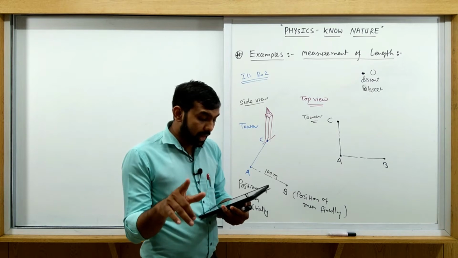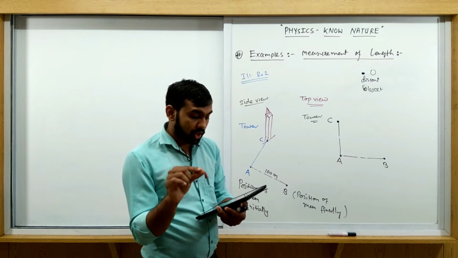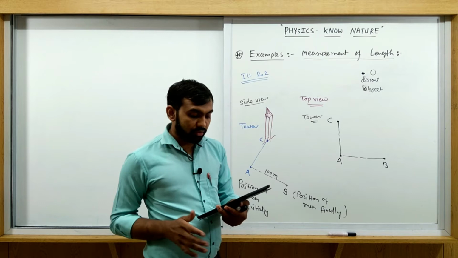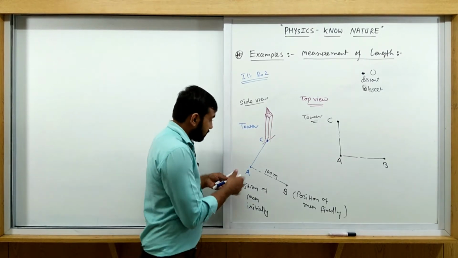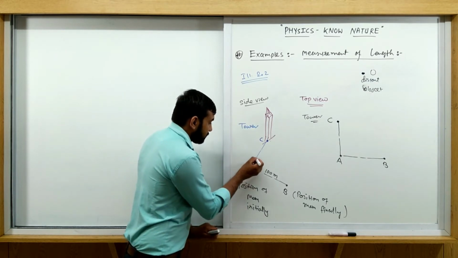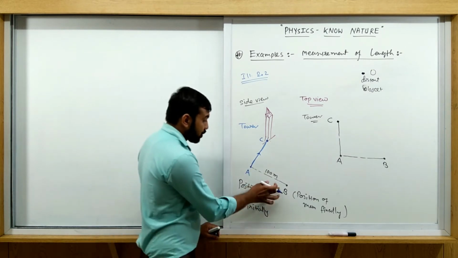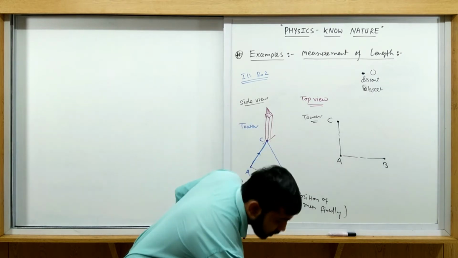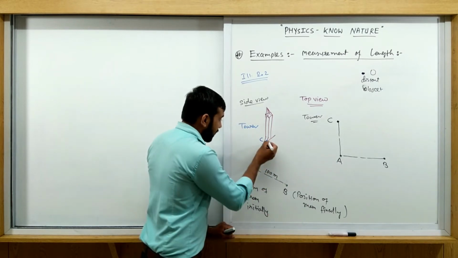But he finds that the line of sight of C is shifted from the original line by theta equal to 40 degrees. This is called parallax. So initially when this man from A observed this tower, this is the line of sight. When he reached the point B, then the line of sight is this one.